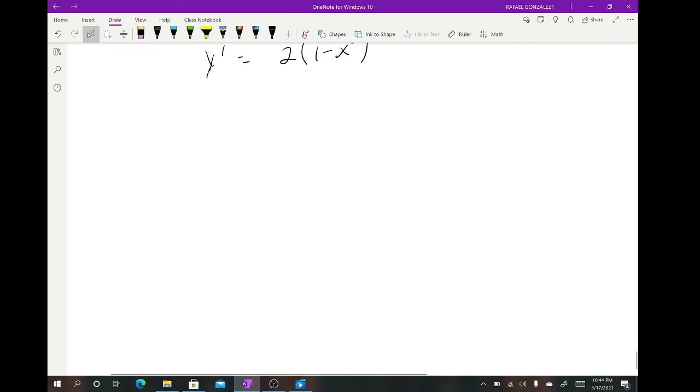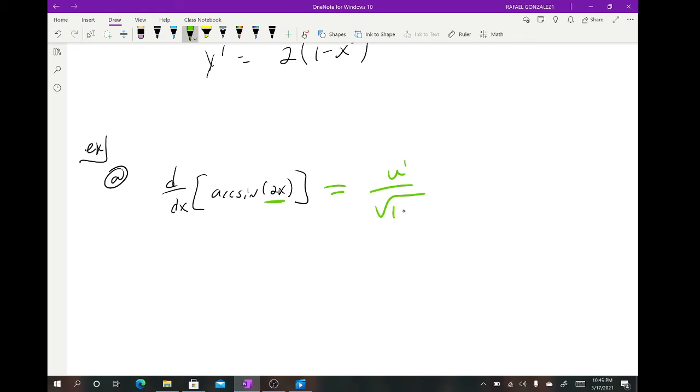Let's do some rapid fire examples. So what I mean by that is I'm going to take the derivative of all of the trigonometric functions in the following form. First of all, what is arc sine of 2x? Well, if I was to take this derivative, I will focus on this inside piece. I know that this has to be equal to u prime divided by the square root of 1 minus u squared.